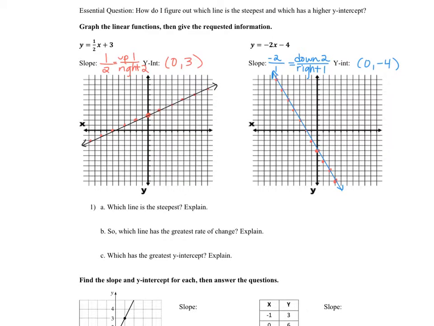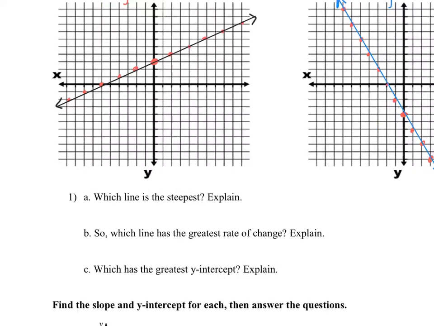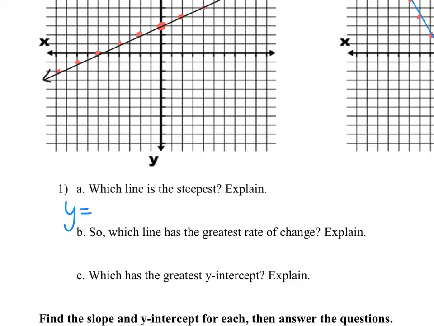I want you to vote on your fingers. We'll call this 1 on the left, and this one is 2. Can you please vote? This equation, y equals -2x minus 4, is steeper because it says explain.